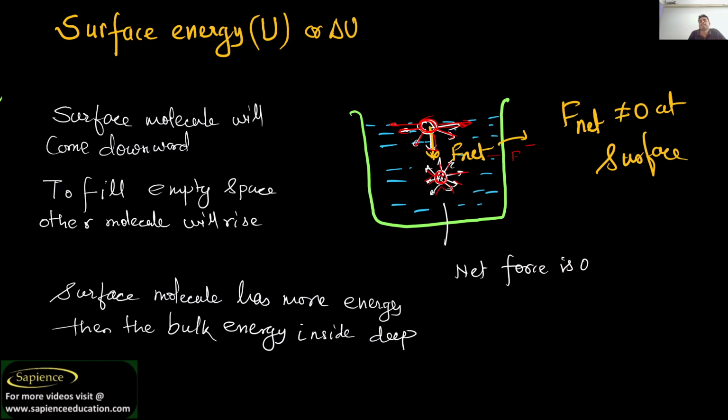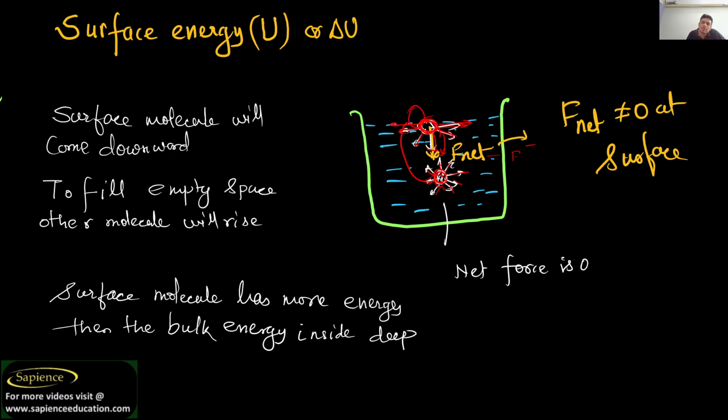But inside the water, in the depth, you don't find any net force, right? So what happened, these surface molecules will come down, and when they come down, the bottom molecules will go up to fill this.